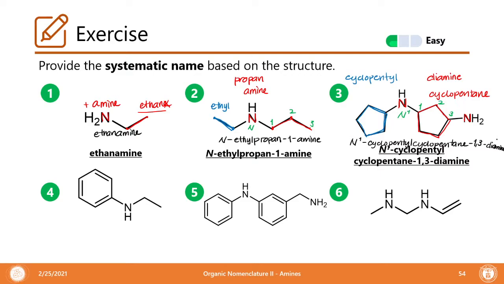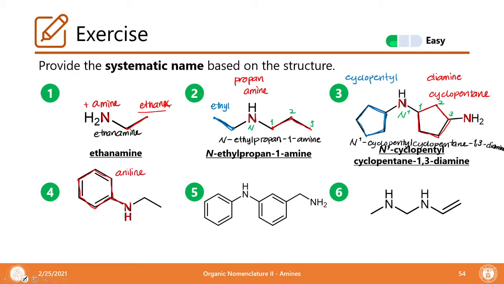Okay, let's go to the next one. So this has a benzene ring connected directly to an amino group. So we can use the predetermined name, which is, this entire portion of the compound is an aniline.